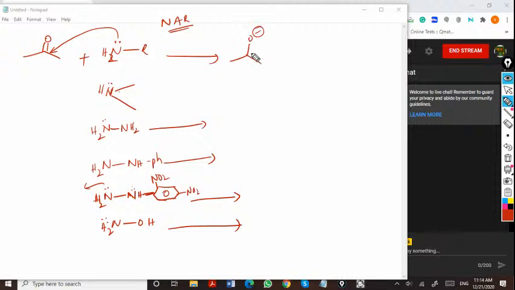O minus and NH2 plus and R. Then an H plus will move and be abstracted by this, resulting in OH and H. So H and OH are side by side. They can release H2O, resulting in a double bond.